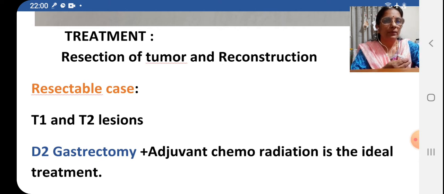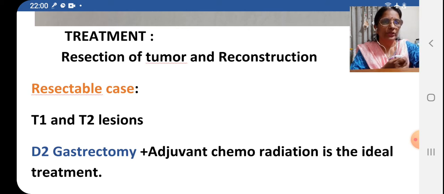So these T1 and T2 lesions are resectable. In that case, you can remove the stomach along with the tumor, with D2 lymph node dissection. D1 means perigastric nodes. D2 means the nodes along the celiac trunk and splenic artery.